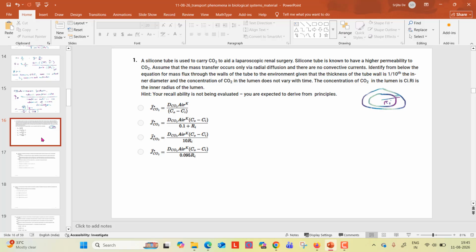For cylindrical coordinates, the flux is defined as, you have to do it, but I am not doing it here. From the first lecture, you can do it.